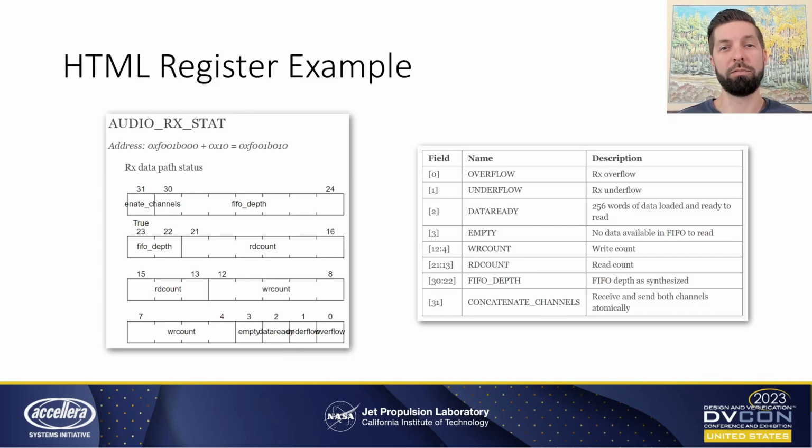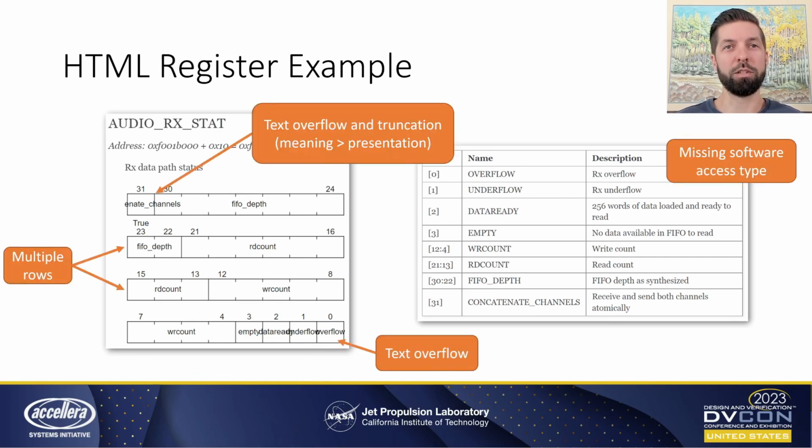Here's another example I found out on the internet. This is from an HTML document for an open source SoC design. And here they took the opposite approach, right? They chose meaningful field names over a nice presentation. And so you can see bit 31, long field name, but to render it in the register layout view, it's been truncated and the text overflows into another field.